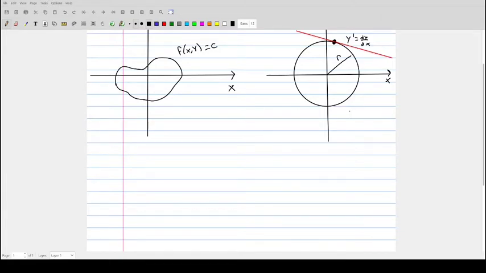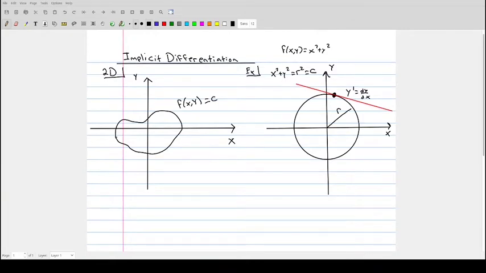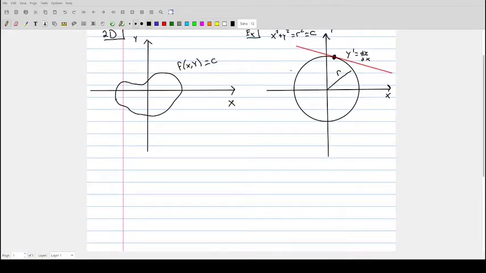All right, and it's not that simple because we don't have y as a function of x for this curve. Now, it is possible to solve in this example for y as a function of x on the top half and the bottom half of the circle, but implicit differentiation gives us a much faster way of evaluating this.